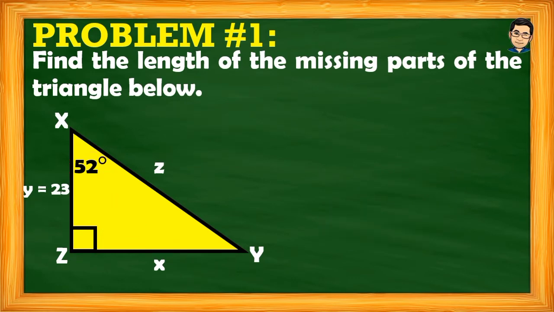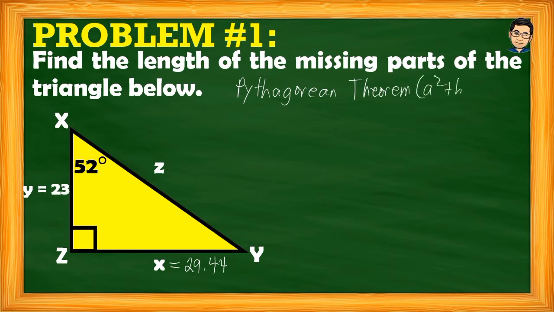Next, what we will get is the value or measure of the hypotenuse. Since we already got X and Y is given, we can now use the Pythagorean theorem. That is, a squared plus b squared is equal to c squared.